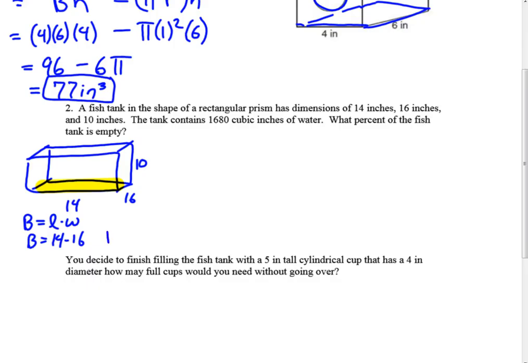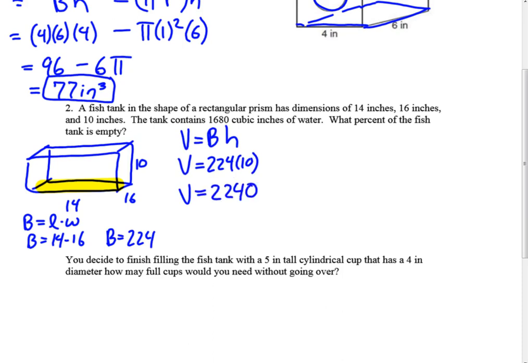So the area of the base would be 224. So volume, which is the area of the base times the height, would be 224 times 10. So the volume would be 2,240 cubic inches.